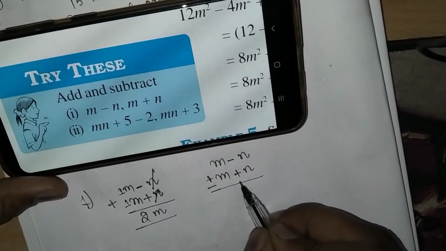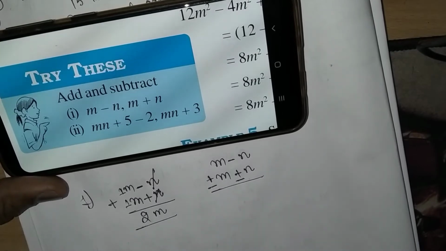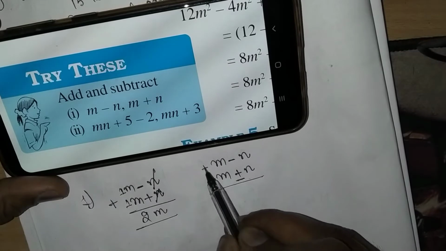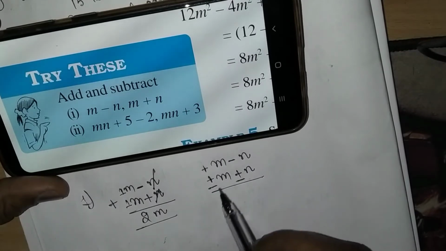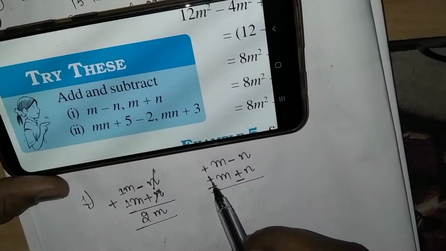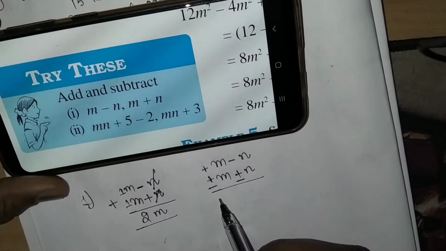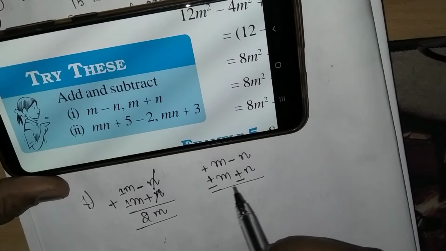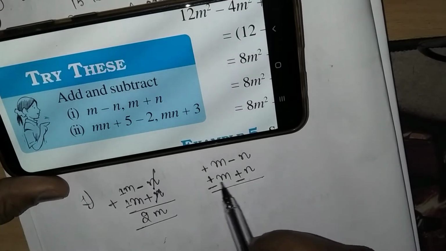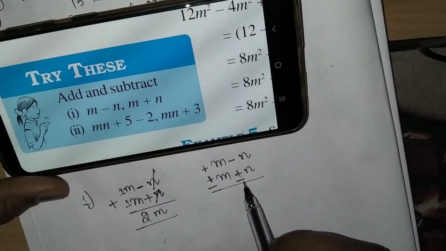This plus sign will also become minus, because this m is of plus sign and this m is of minus sign. Now you need not see these two signs. This sign doesn't have any value for you, because we have converted the sign. Then you will see only these signs.